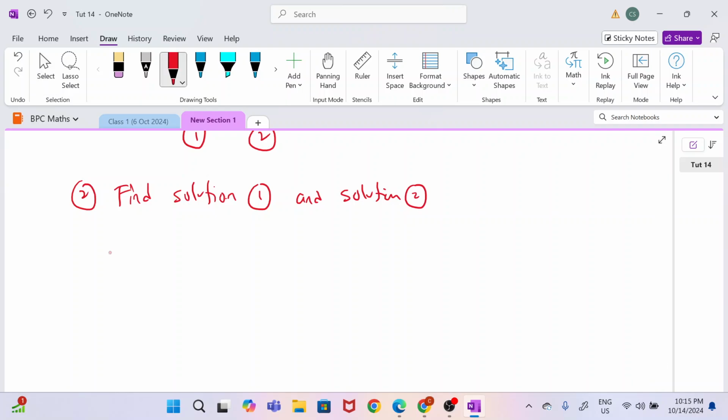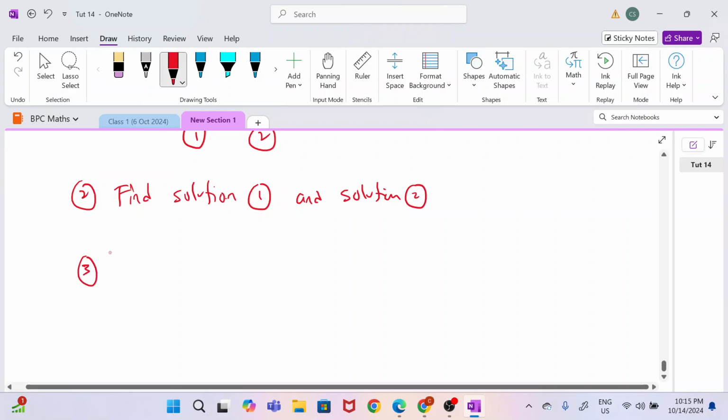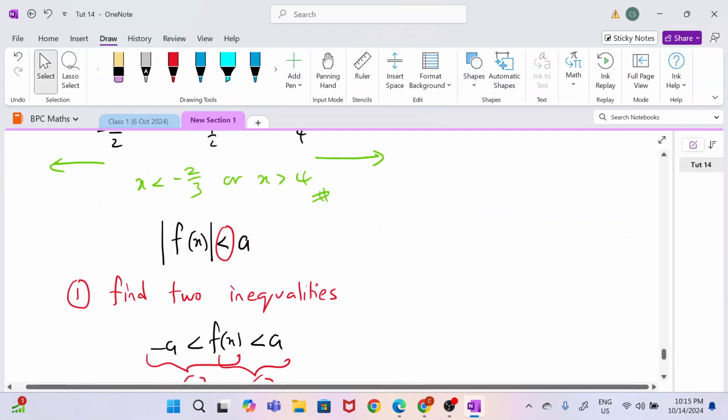Once you find solution 1 and solution 2, third, find the intersection. Okay, these are the 3 steps for this type of inequality.